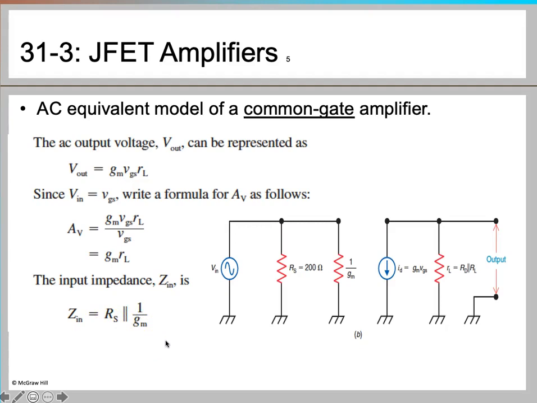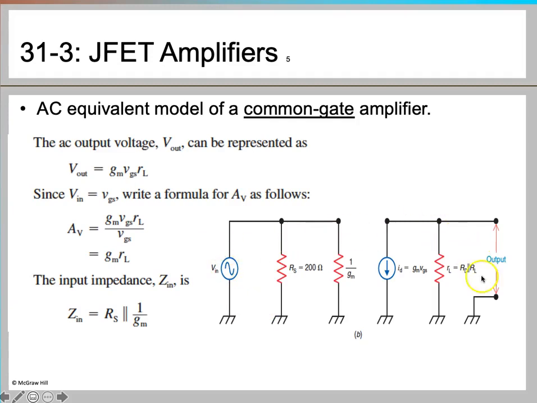Now all the formulas you have seen for all three types of JFET amplifiers, you will be using in numerical problems, and you will be calculating voltage gain. So this was your common gate amplifier, and there's one thing I want to tell you in this lecture.